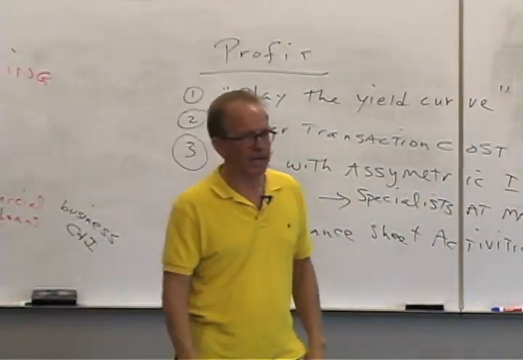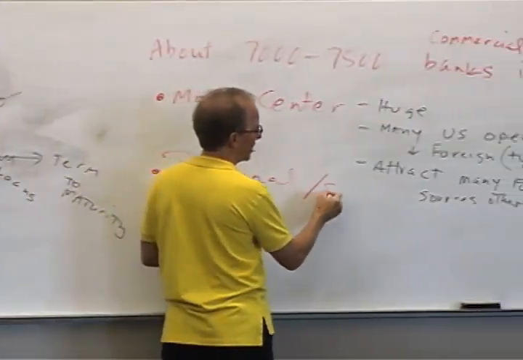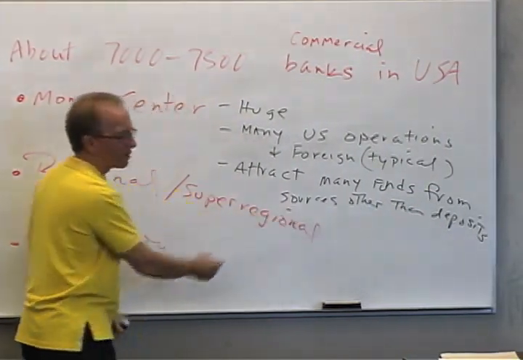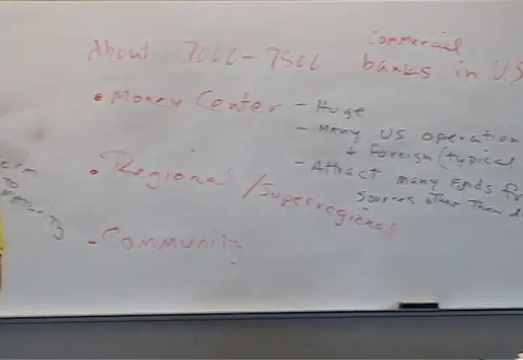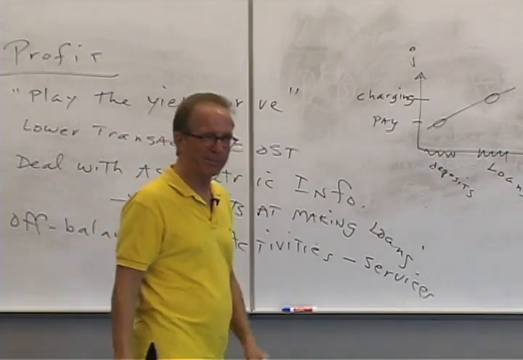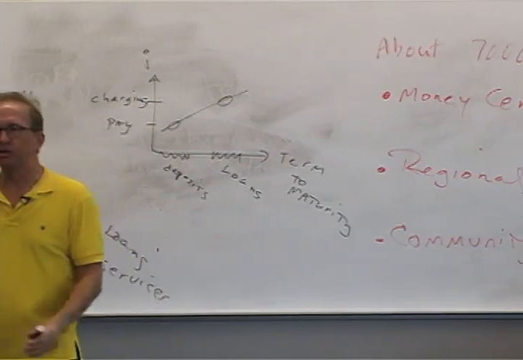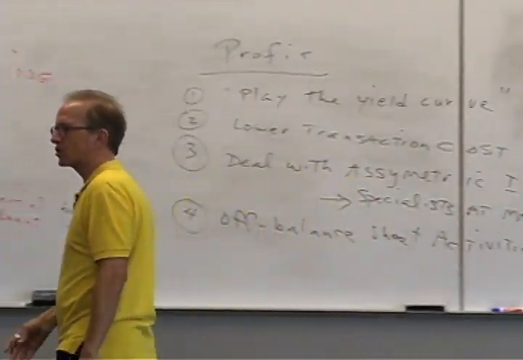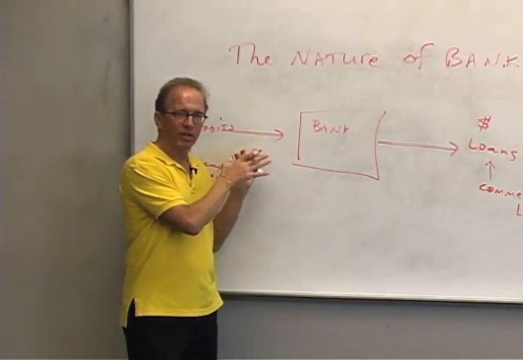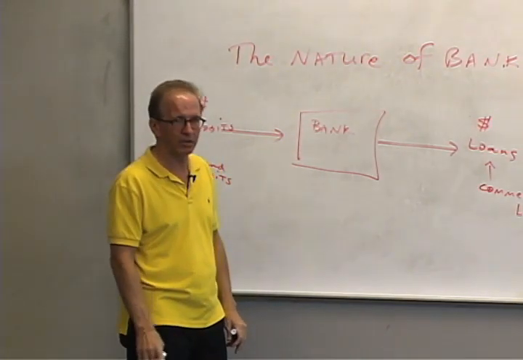Okay? Regional banks, and also your textbook uses the term super regional banks. And you know what super regional means is regional big. Okay. I'm not too wild about the super regional term. It's just one of the bigger of the regional banks. Anyway, what regional banks do is this. They are still focused on deposits as their main source of funds, more than the borrowing aspect, like we just described with money center banks.